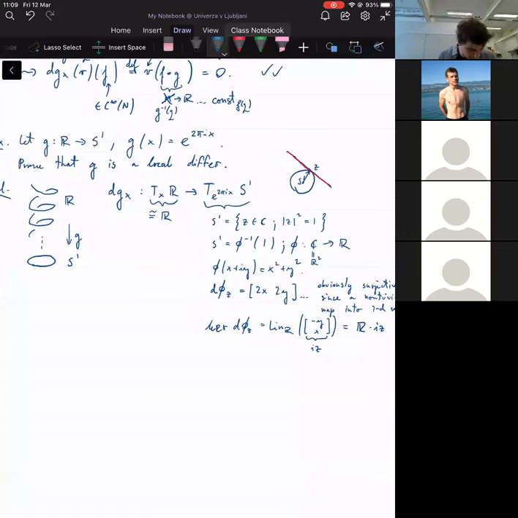So we calculate what dg_x of v is, and of course, you have to take the derivative of your map e to the power of 2 pi i x with respect to x. So what you get is 2 pi i e to the power of 2 pi i x times v.